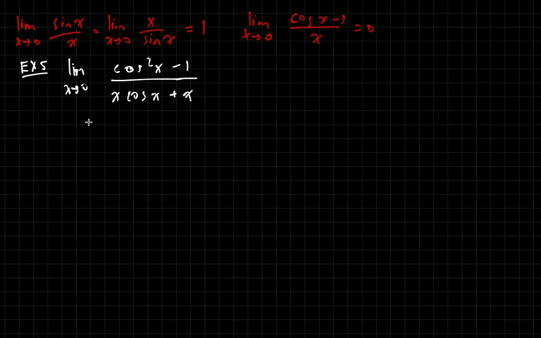So what I can do is rewrite this as the limit as x approaches 0. And I noticed that the top can be rewritten as cosine x plus 1 times cosine x minus 1.